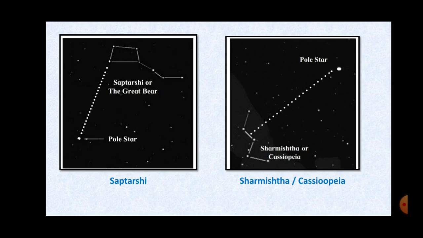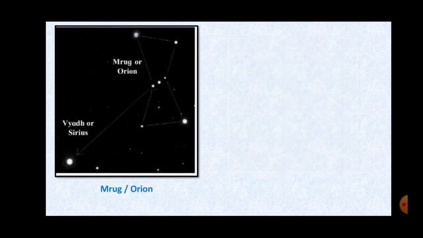Then the next one is Sharmishta or Cassiopeia. Saptarshi and Sharmishta are both very useful in locating the pole star. Sharmishta is made up of 5 stars and Saptarshi is made up of 7 stars.